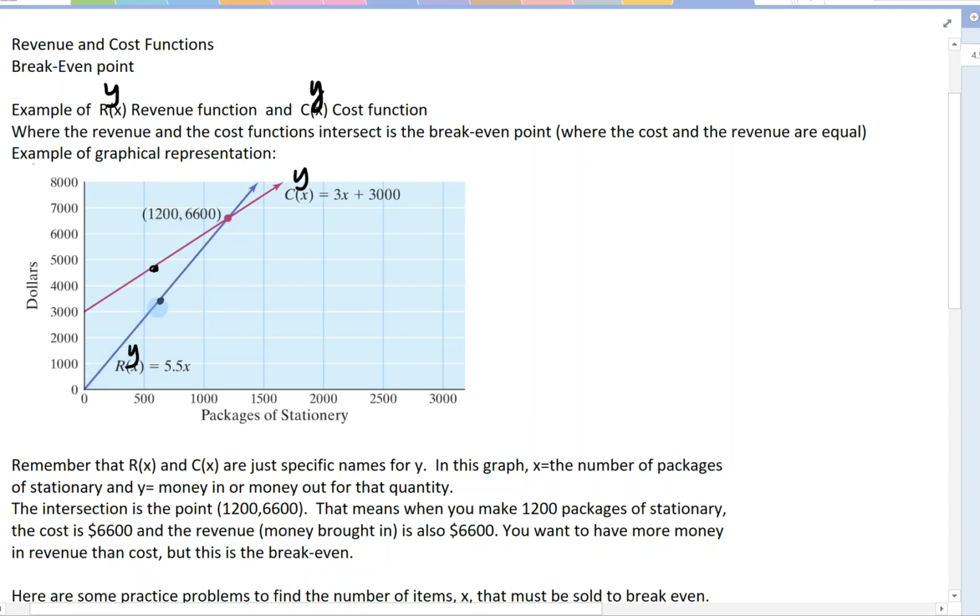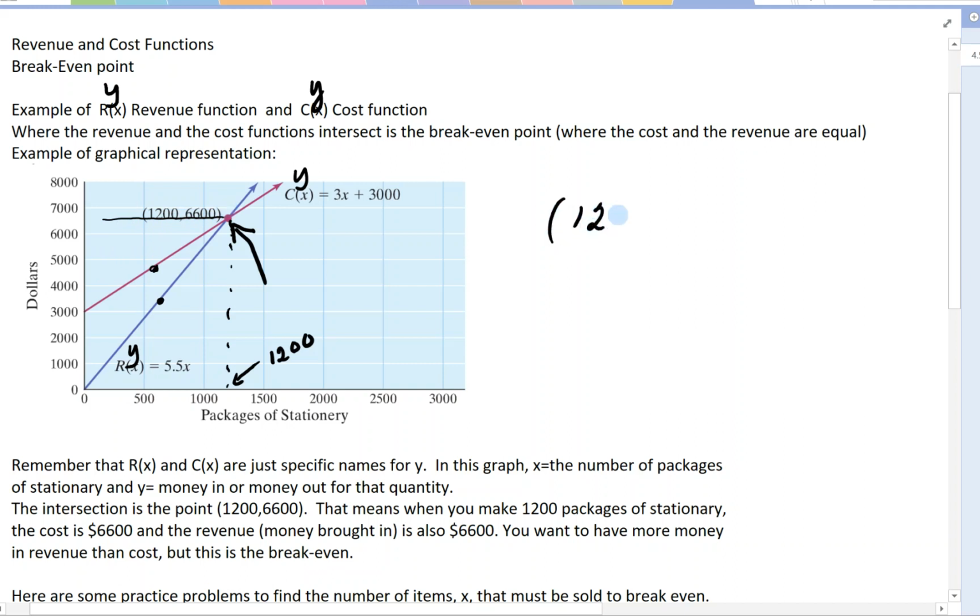Now, both of these are increasing, but you can see that right here, the revenue and the cost are equal. So when you make and sell about 1,200 packages of stationery, the money you spend and the money that you bring in are both $6,600.